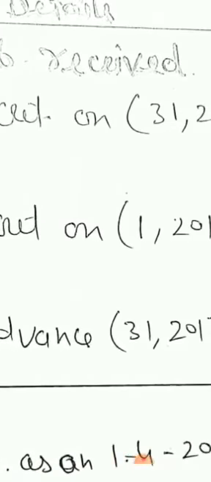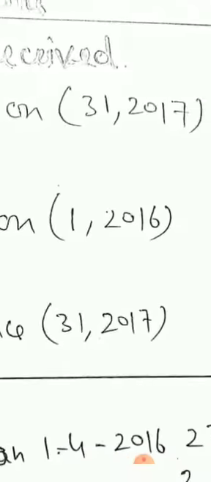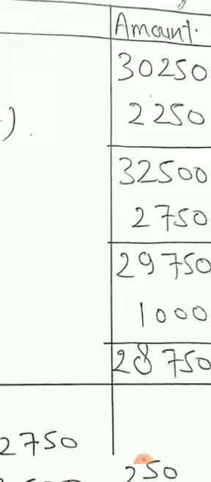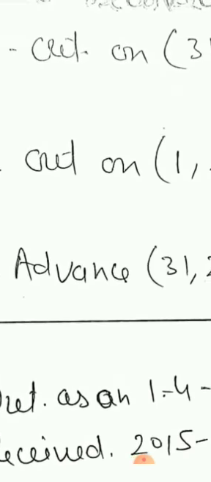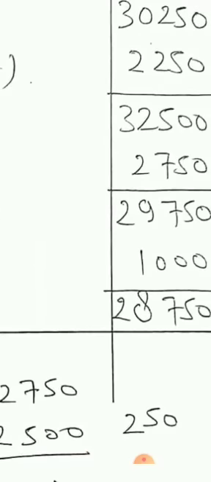Then less outstanding on 1st 2016, 2,750. Then the remaining amount is 29,750. Then less advance we are receiving on 31/2017, the amount is 1,000.